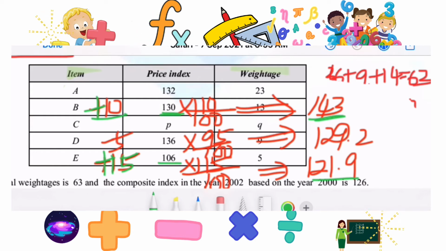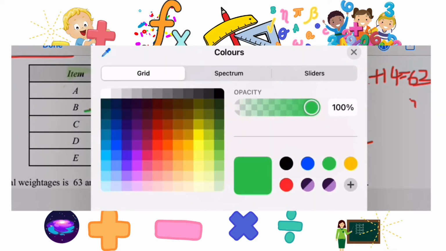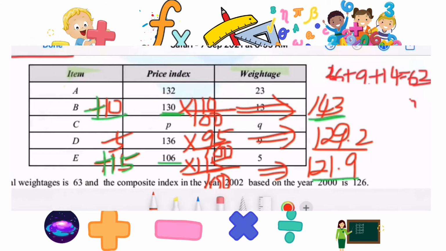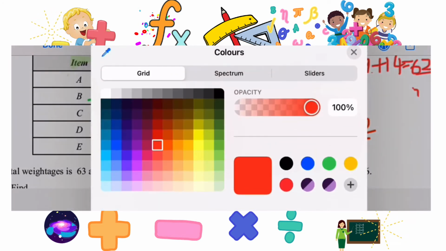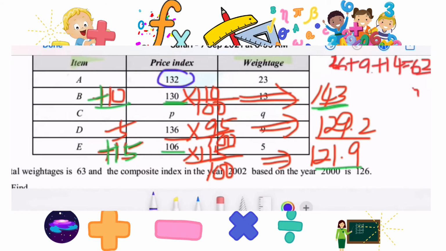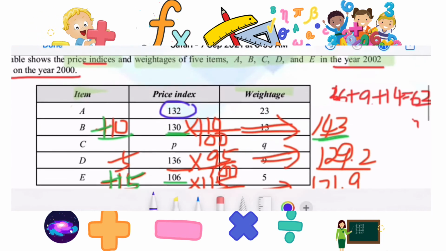If decrease, it will be less than the original one, which is 129 and 136, right? So now the rest remain unchanged, meaning that we will use back the P, which we got already, right?